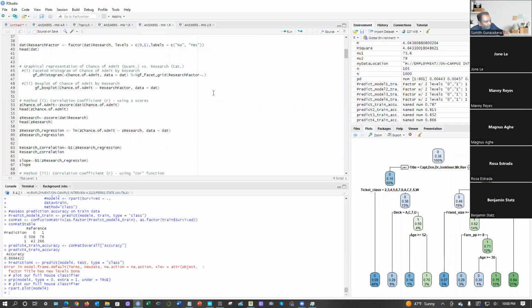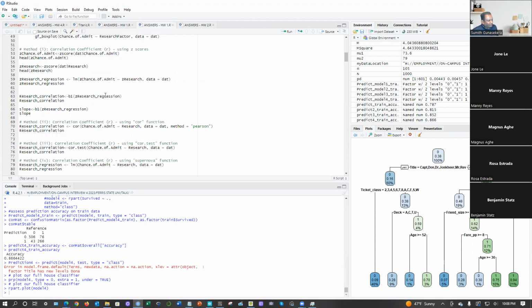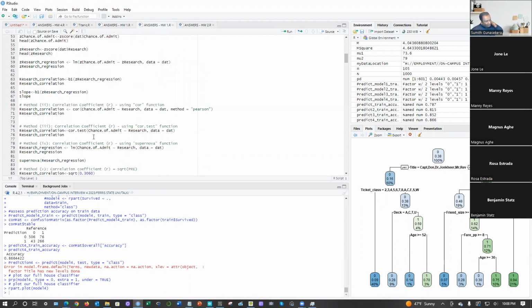See, we are trying to get the correlation coefficient, and you can get it in different ways. First method, correlation. Let's get the correlation coefficient using the cor function.